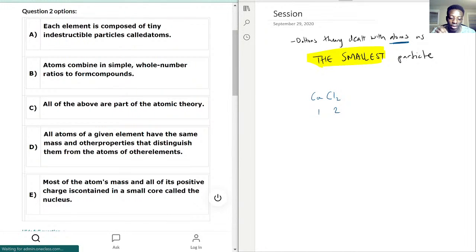All atoms of a given element have the same mass and other properties that distinguish them from atoms of other elements. Okay, so remember, he thought atoms were the smallest particles. He did not know about isotopes or anything, because he did not even know about neutrons and protons.